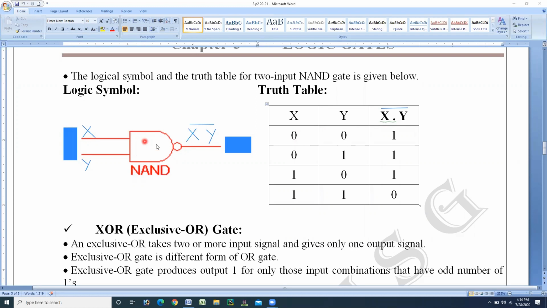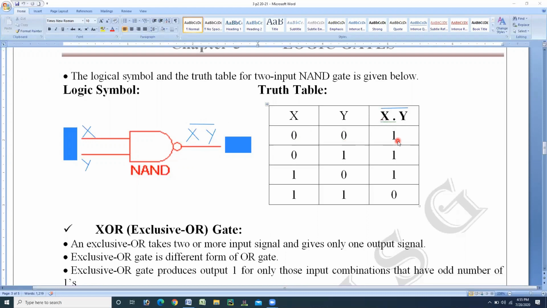That 0 is input for our NOT gate here, this bubble. Then the output we get is X dot Y complement, it means 0 complement, which is 1. That's why when X is 0 and Y is 0, X dot Y whole complement is 1.